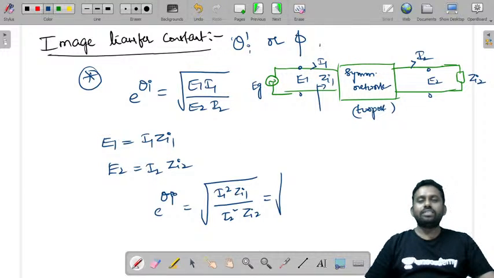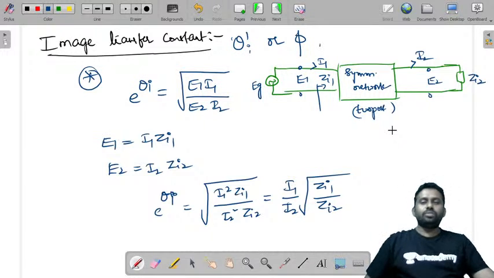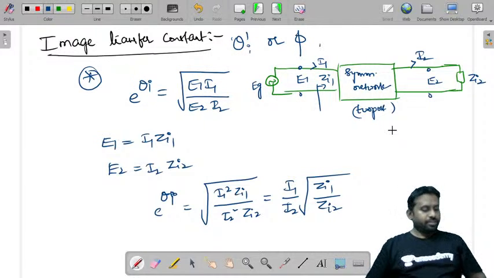You can also write it as I1 by I2 root over Zi1 by Zi2. You just need to find the image impedances Zi1 and Zi2, simplify and substitute.